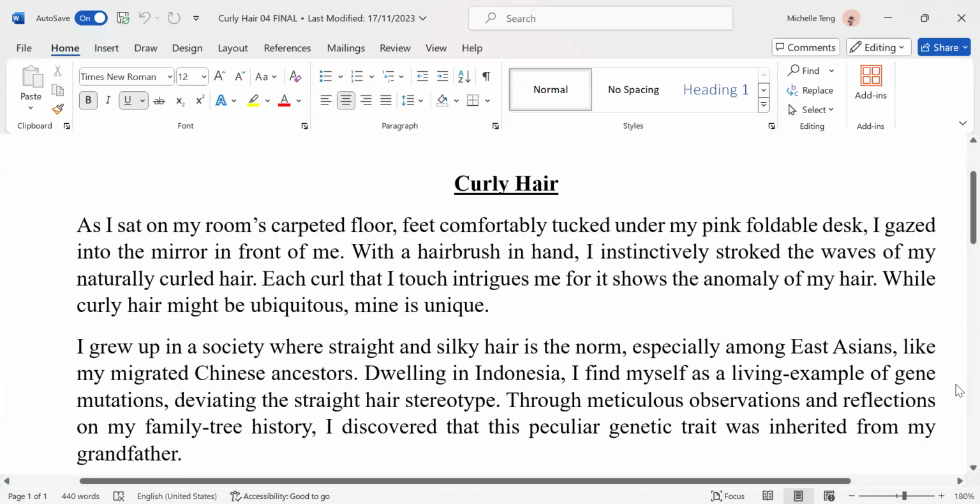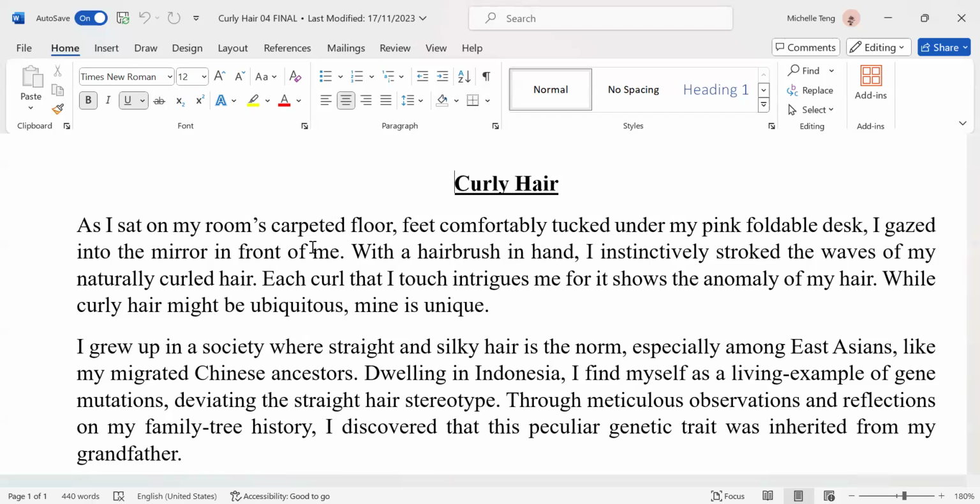So for example, right here: "As I sat on my room's carpeted floor, feet comfortably tucked under my pink foldable desk, I gazed into the mirror in front of me." Technically, I use a parallel sentence, the one that we've discussed earlier. I'm using the past tense in this essay.